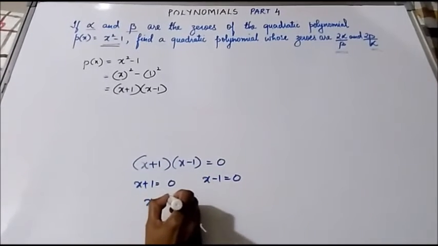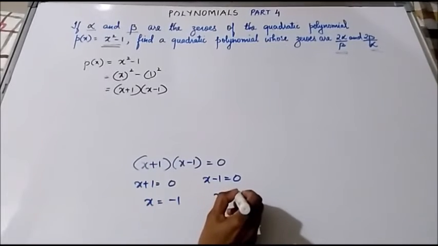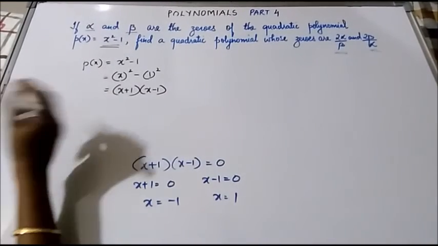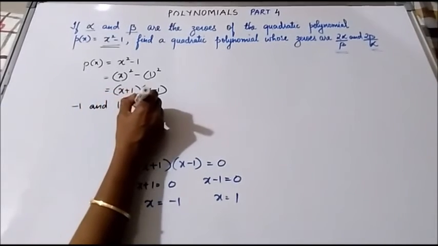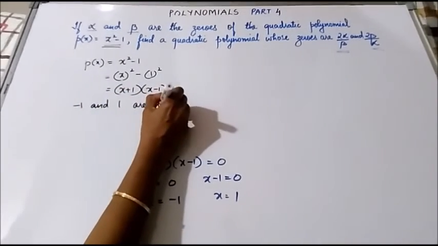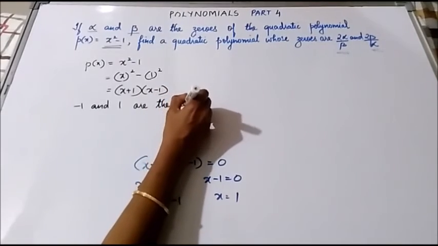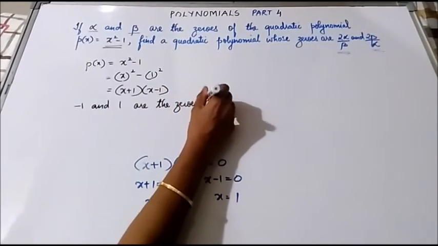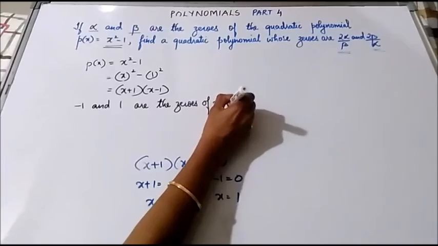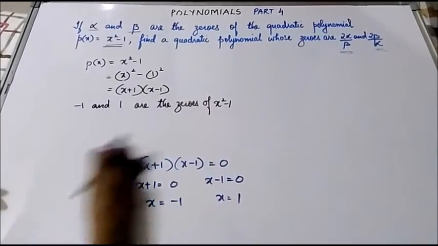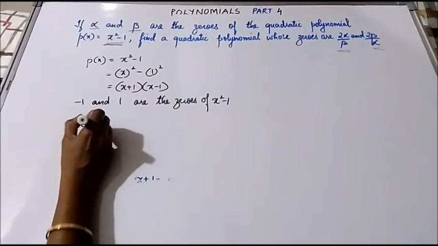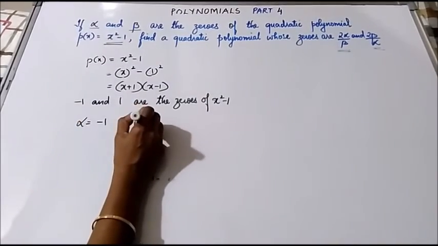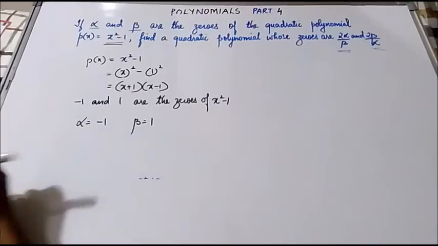We get x equal to minus 1 or x equal to 1. So minus 1 and 1 are the zeros of x square minus 1. It is given to us that alpha and beta are the zeros, so we can let alpha equal to minus 1 and beta equal to 1.